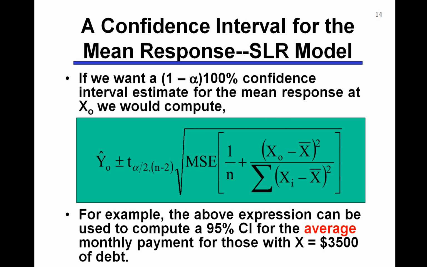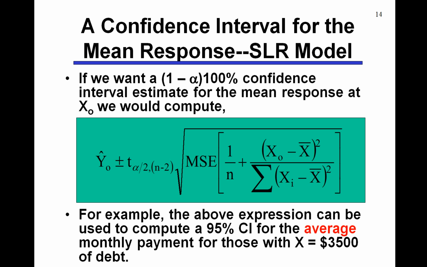we do the same thing that we do all the time in constructing confidence intervals. We take the point estimate, y sub 0 hat, and we add and subtract some stuff to it. And the stuff that we add and subtract has to do with our level of confidence, our alpha, and the noise associated with computing that particular value.